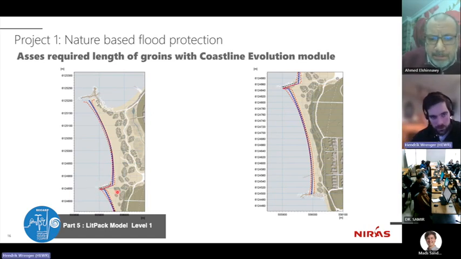Or maybe there's actually a little trick described in the manual, that if you have a large number of cross-shore structures, then instead of modeling these as cross-shore structures in all these points, you can also model the global effect with the longshore structure.